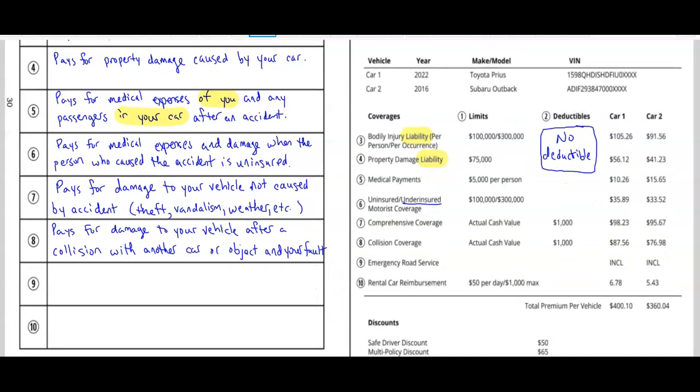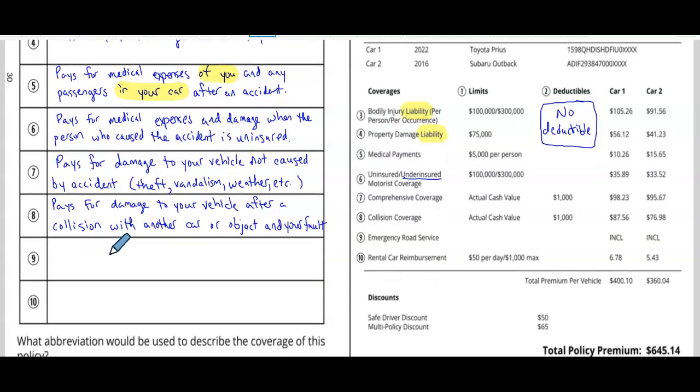Okay, emergency road service, number 9. That's kind of like AAA, but it could come in your auto insurance as well.